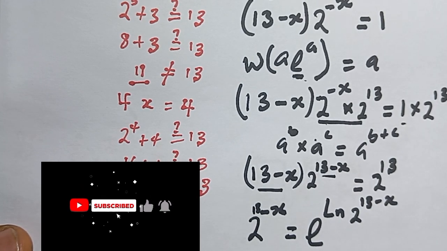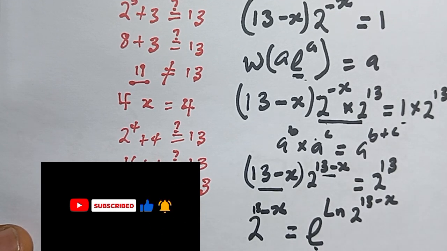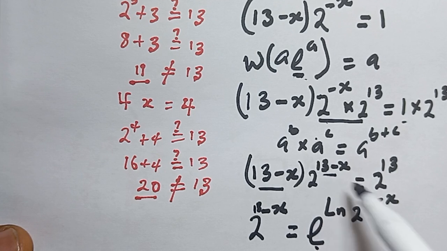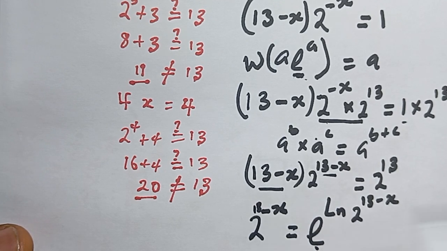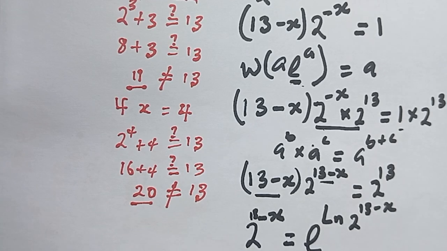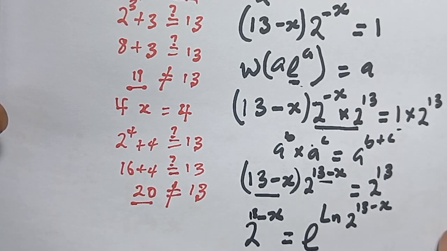And of course, it is still very much the same because exponential of natural log is 1, and 1 times 2 power 13 minus x gives us the same thing as 2 power 13 minus x. So in the next step, I'm going to replace 2 power 13 minus x with exponential natural log of 2 power 13 minus x.